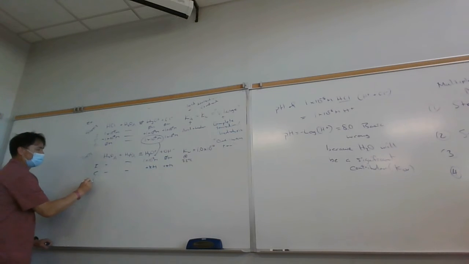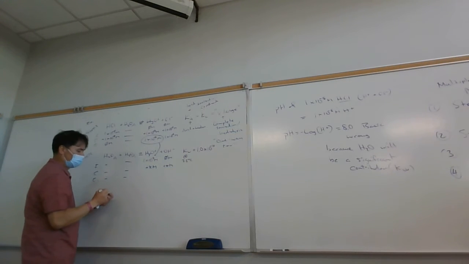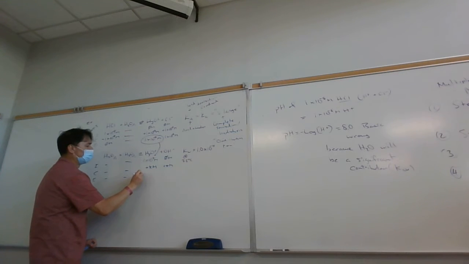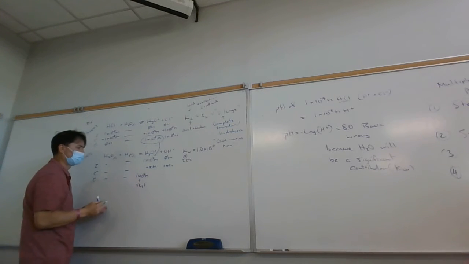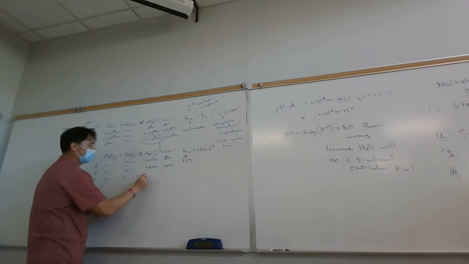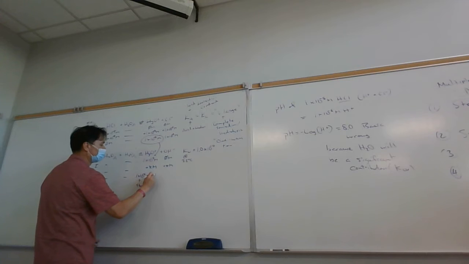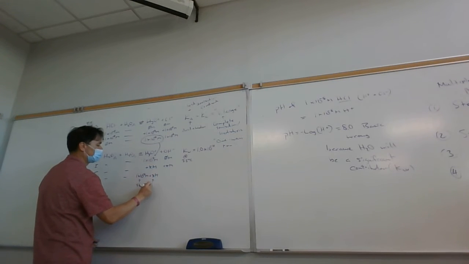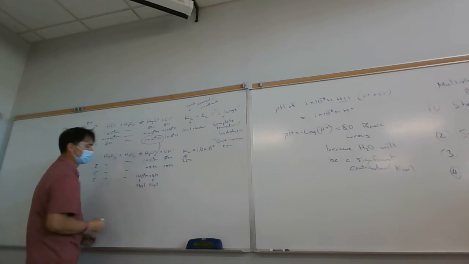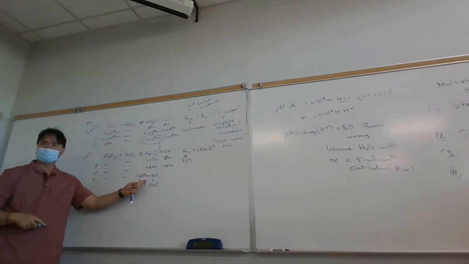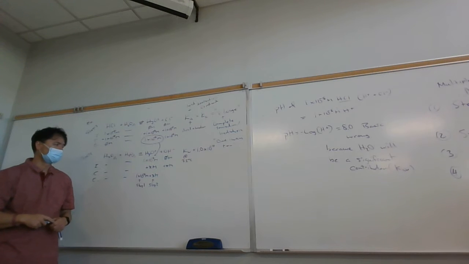And so at the end of this, we're going to have 1 times 10 to the minus 8 molar from step 1, plus X molar from step 2. If we do that, then we get the total hydronium here in the mixture.